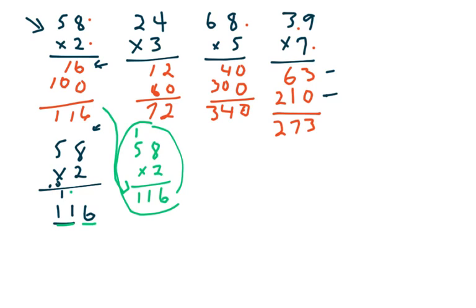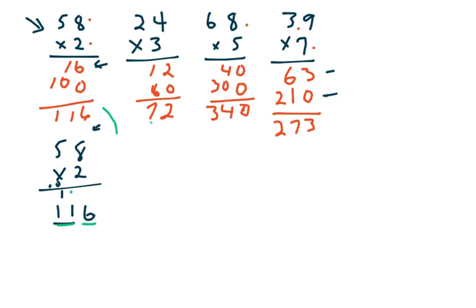All right? Well, let's try another example and see. Let's do the 24, this problem here, times 3. Okay, here we go. 3 times 4 is 12, but I don't put the 12 down. I carry the 1 over to the tens place because that's what it is. It's 1 more 10. 1 more that I have to add on, just like we did in this problem.